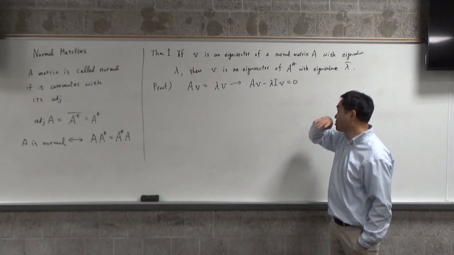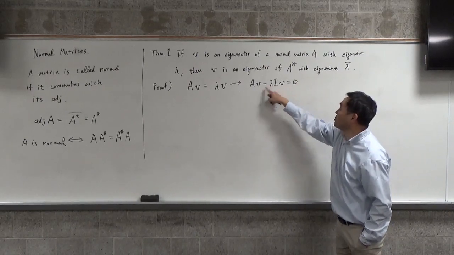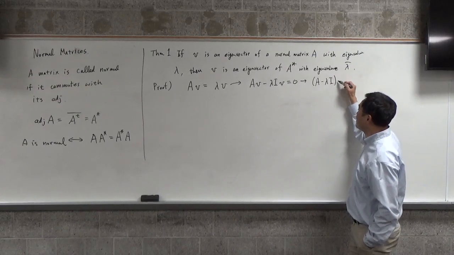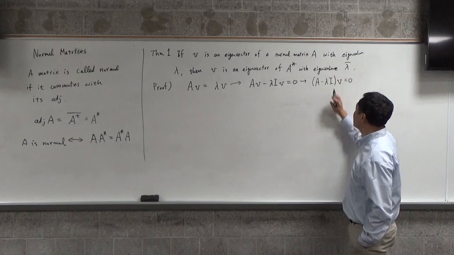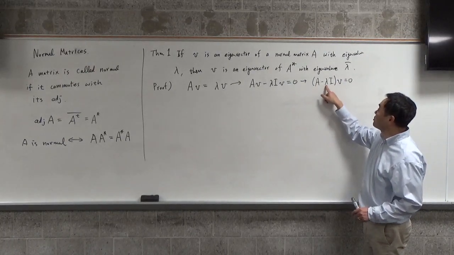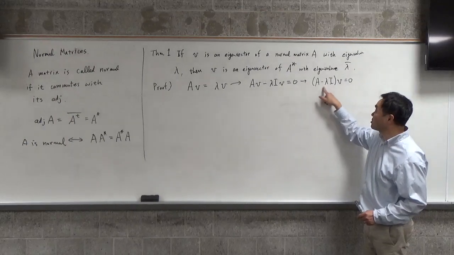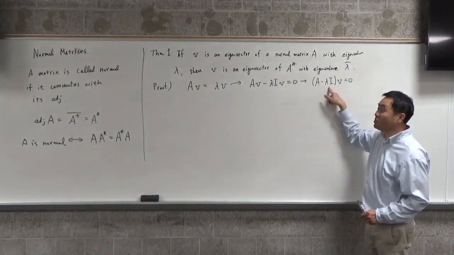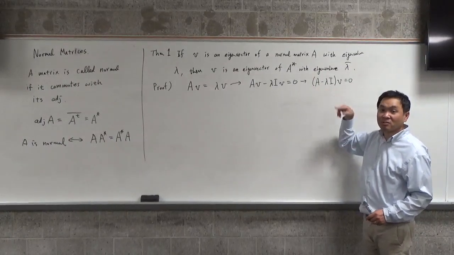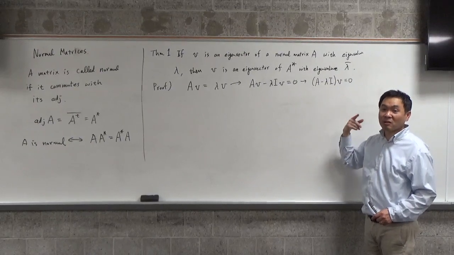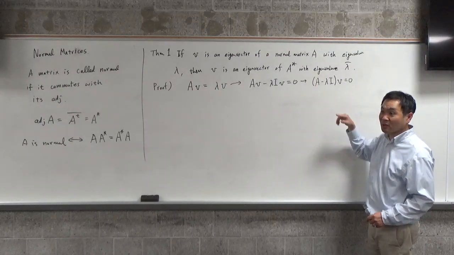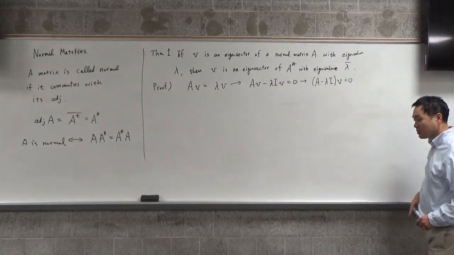I moved everything to the left side, and then I can factor the v out and rewrite this as (A minus lambda I) v equals 0. Now if I take the determinant of this for an eigenvalue lambda, the determinant is 0, so this matrix will not be full rank. Because it's not full rank, it has some null space. So there's definitely some vector which gets killed by this matrix. That's what we call the eigenvector.